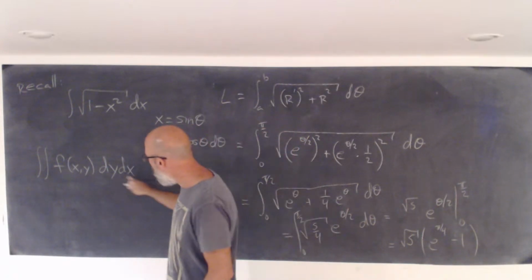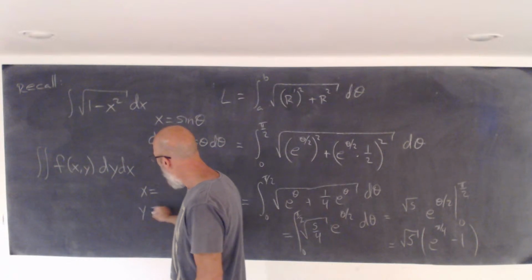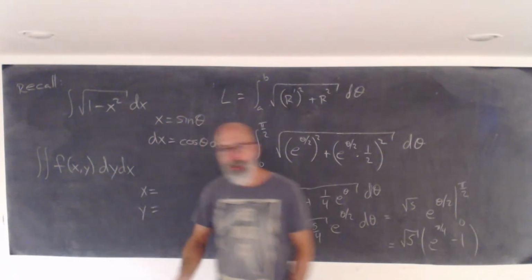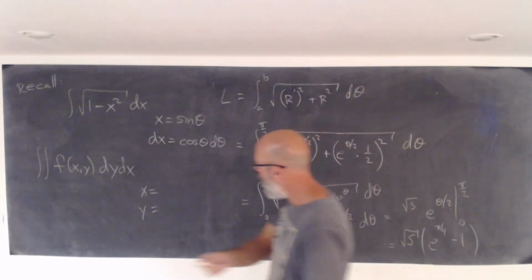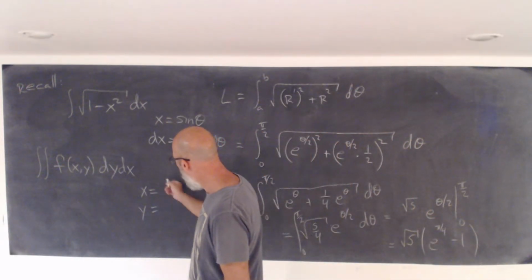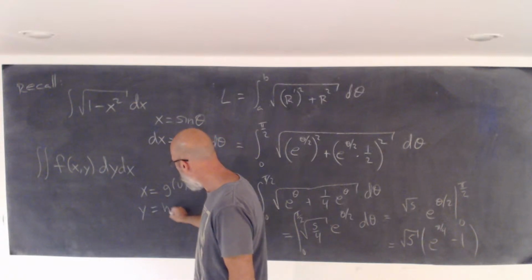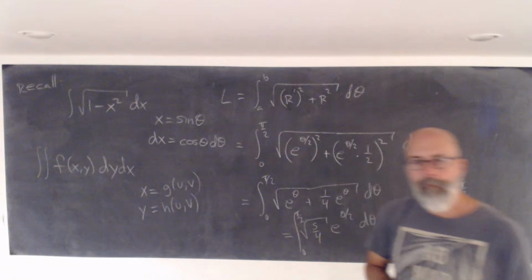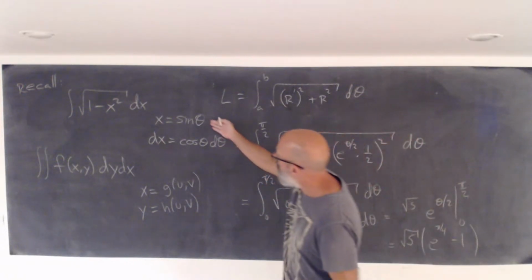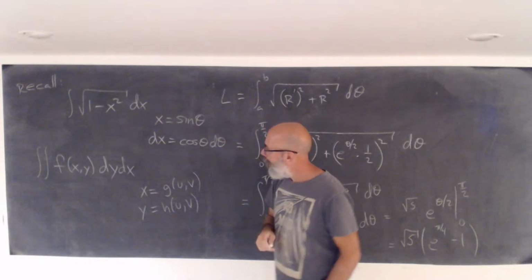What if we did the same thing here? What if we let x and y be functions of two new variables? So a function of u and v and another function of u and v, right? In a similar fashion as what we had done here.